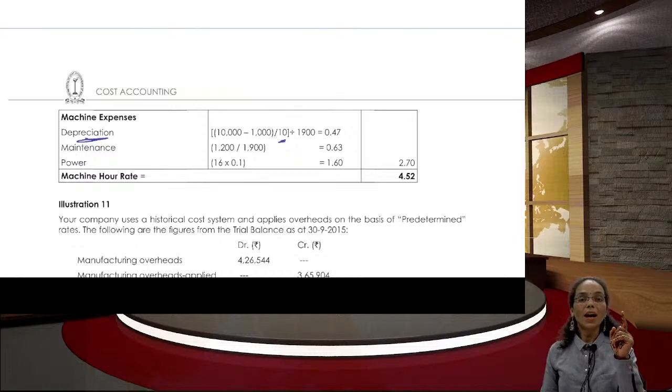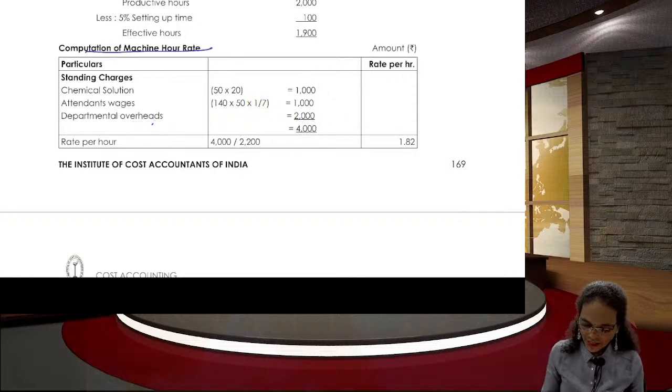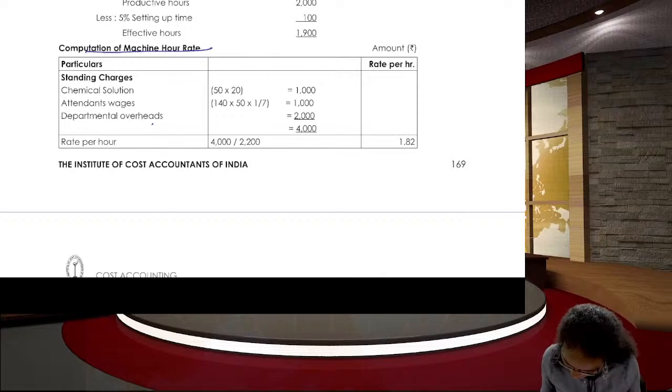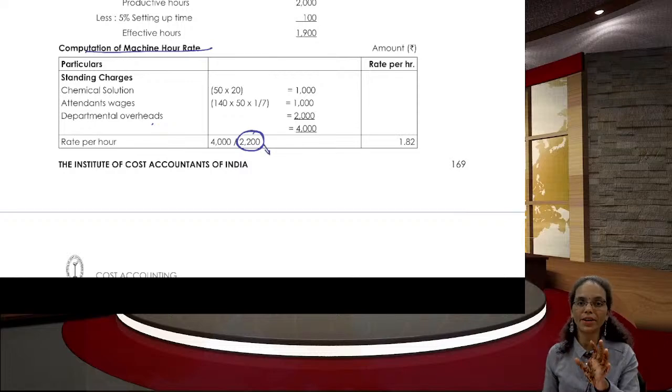But see once again, in the examination you will go wrong here only. When you take the denominator as the number of hours for fixed costs, you take the maximum hours available in the organization.